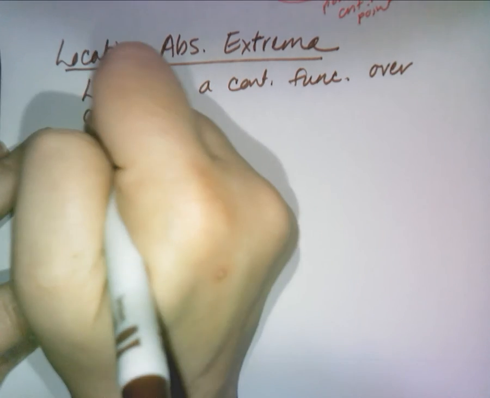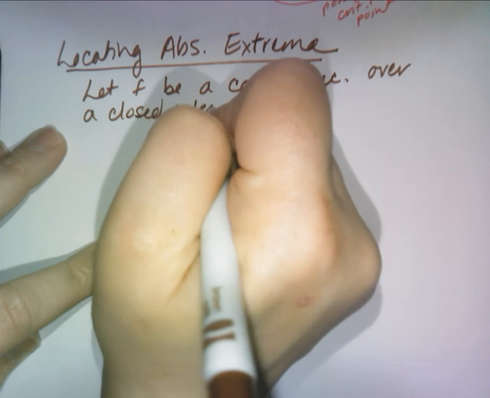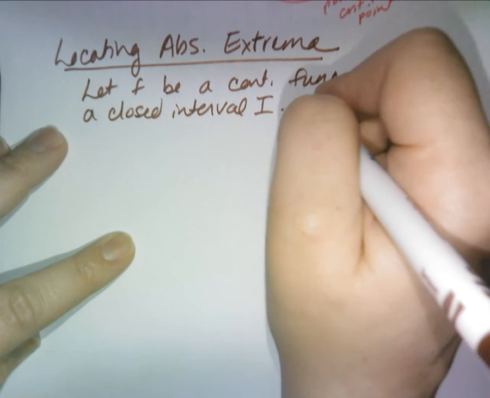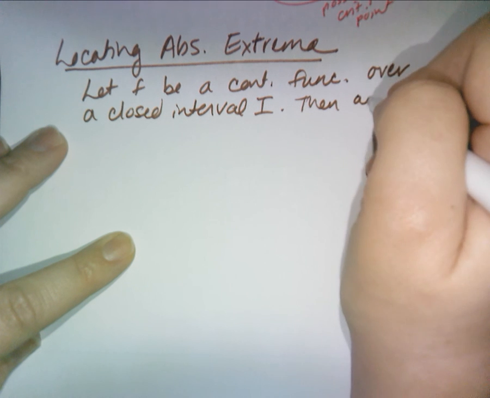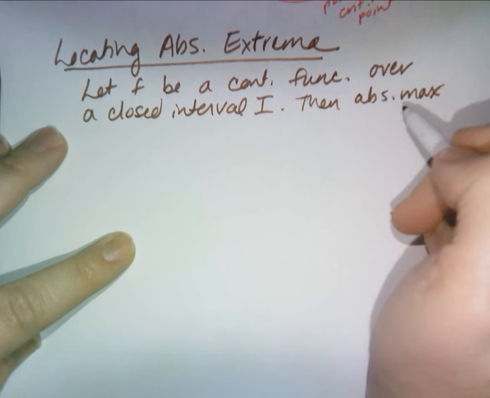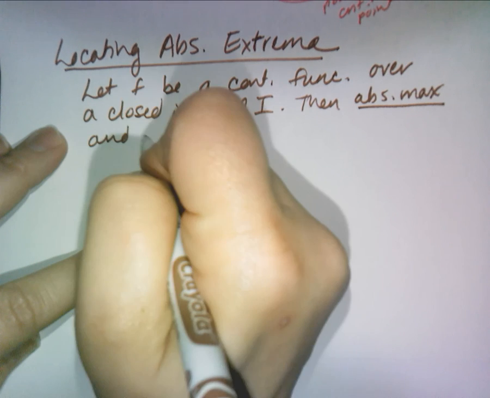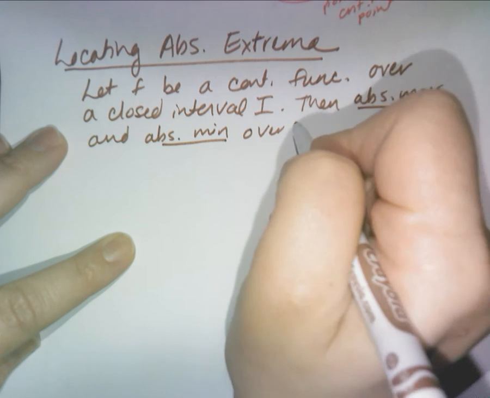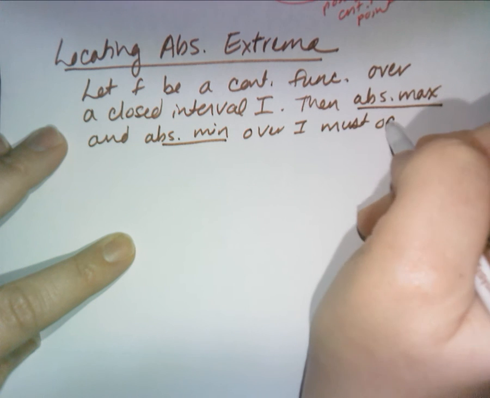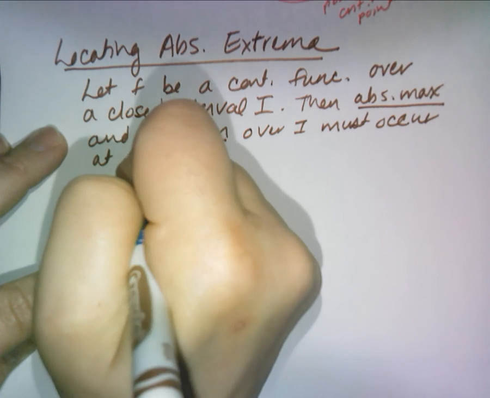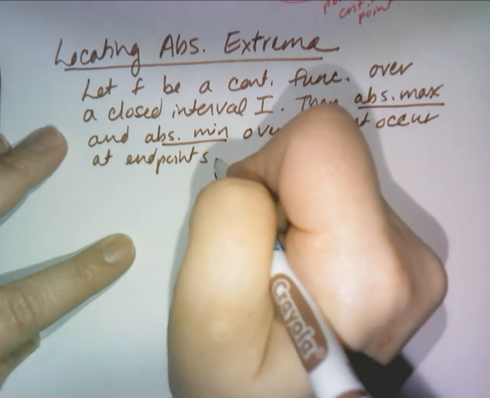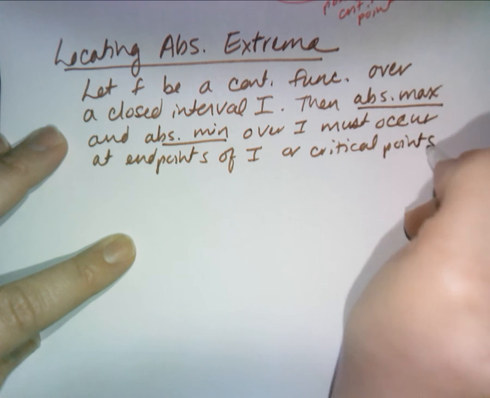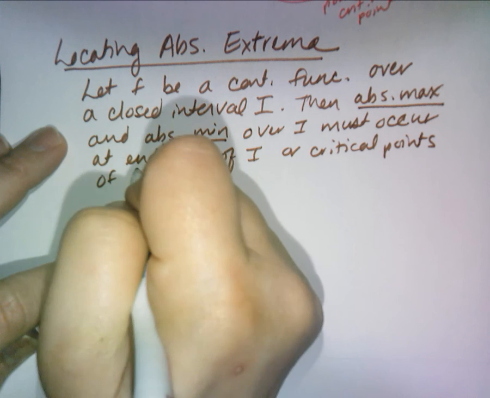So over a closed interval, we'll call that interval I, then the absolute max and the absolute min over I must occur at the endpoints of I or the critical points of f in I.